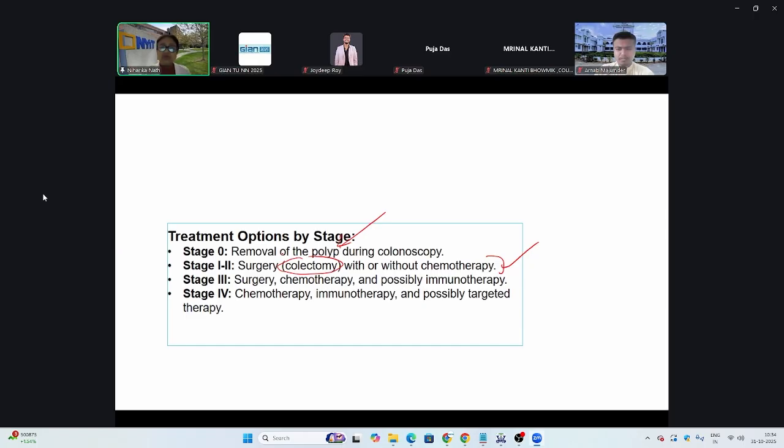If it's too big, then first it has to be done with chemotherapy. If it's not too big, then maybe not with chemotherapy. And if there's a stage 3, then first there has to be surgery, chemotherapy, and if possible, because it might have spread, immunotherapy.